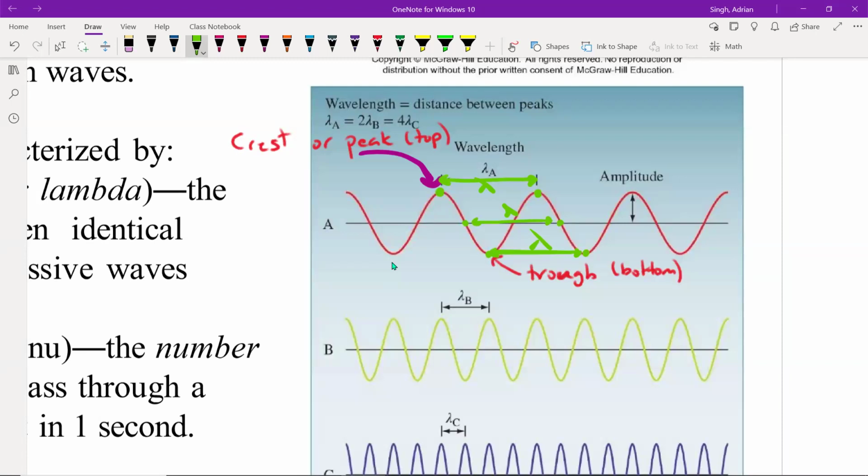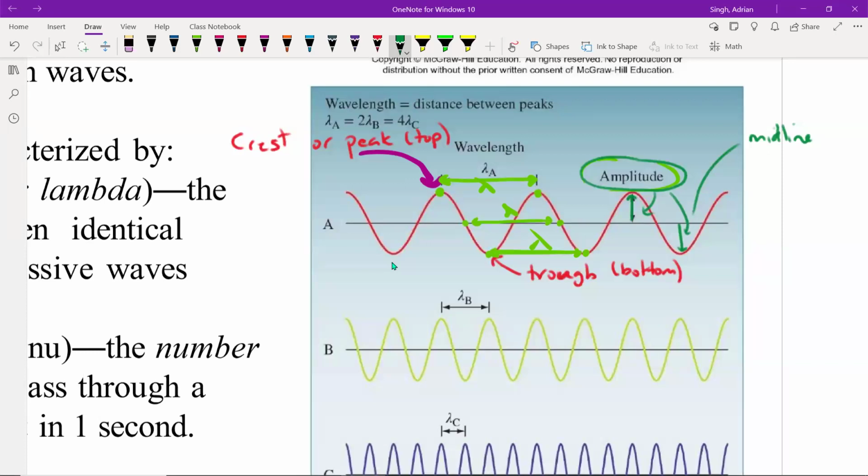Another characteristic we'll see for waves is something known as the amplitude. Okay, and the amplitude is simply the distance from the midline. So this black line there, that's your midline or your reference point, to either the top of the peak or the bottom of the trough. Okay, this is the amplitude. Either of these could be the amplitude.